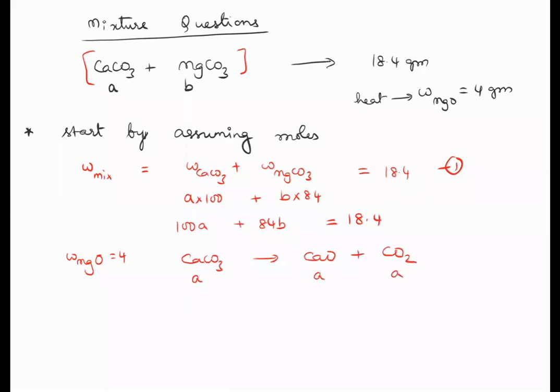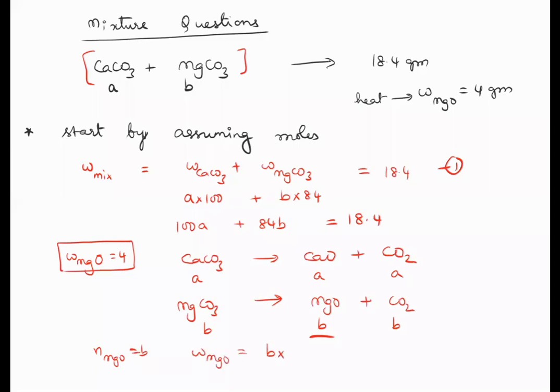Similarly, magnesium carbonate decomposes into magnesium oxide plus CO2. B moles decomposes to give you B moles and B moles. Now, how do I write the weight of magnesium oxide? Moles of magnesium oxide is equal to B, so what is the weight of magnesium oxide? Number of moles into molar mass, which is 40 in this case, and that equals the value 4. So this is my second equation.